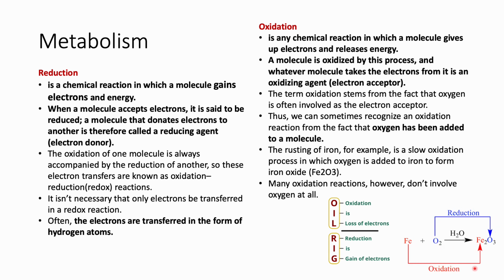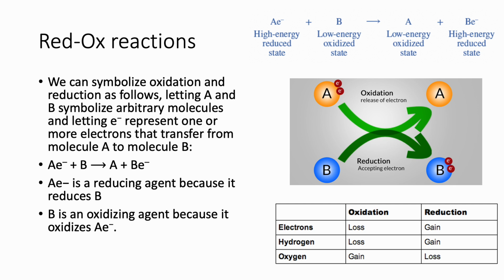Oxidation, it loses an electron. Reduction, here it gains an electron. And like we mentioned, the reduction is gaining an electron, and often it's in the form of hydrogen atoms. All right, so oxidation, reduction. Oxidation is loss, reduction is gain.